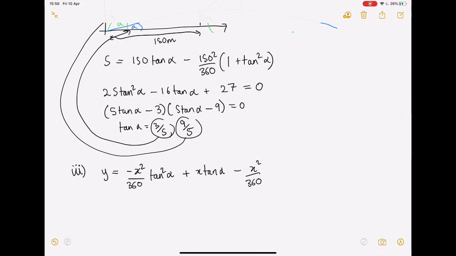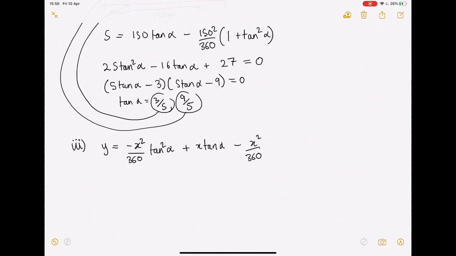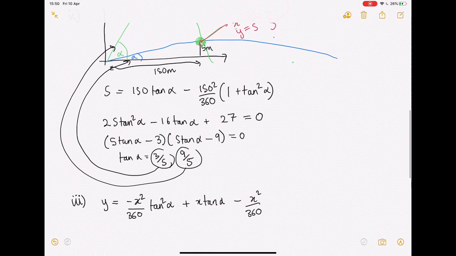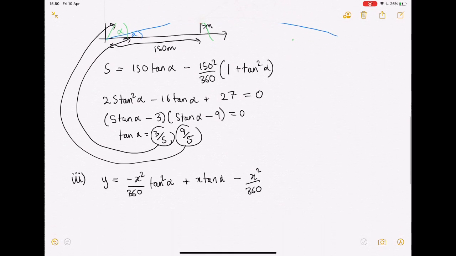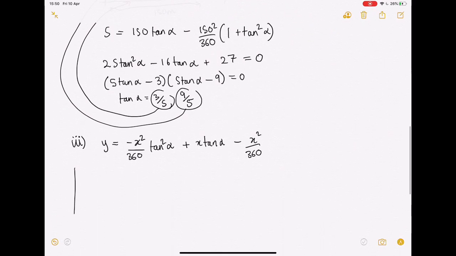And what we're interested in is what is the largest value of y when it passes over the tree. So if we take this projectile here, we want to know when it passes over the tree, how large can y be at the point where it passes over this tree? And we know that this distance here is 150.